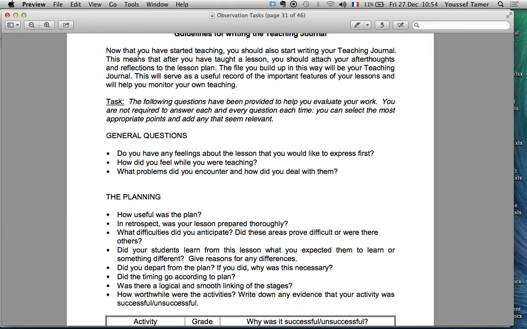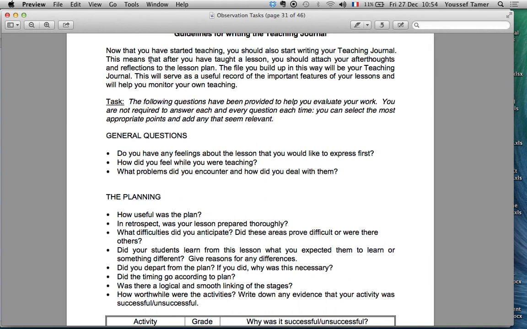Okay, let me read this first part. Now that you have started teaching, because at a later stage, the first stage of your training will be observation. So we have done a number of tasks in relation to that. The next stage will be that you will be teaching, so of course that's what you will be reflecting on in this teaching journal.